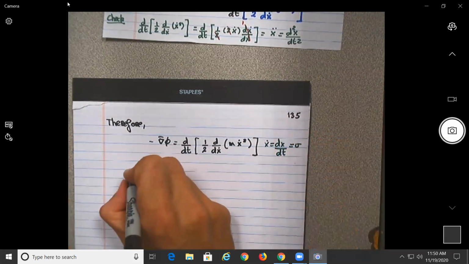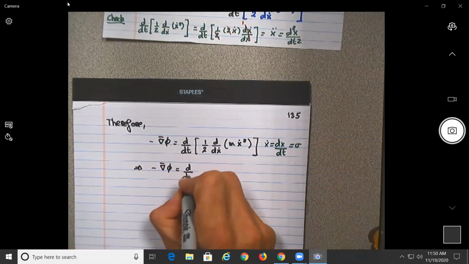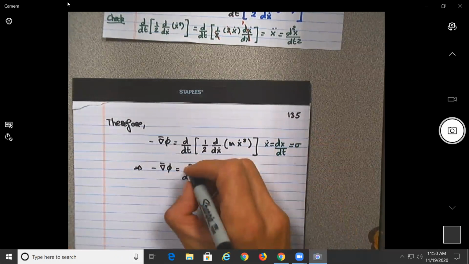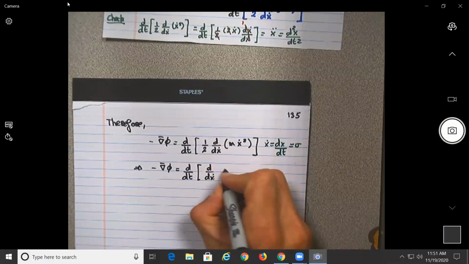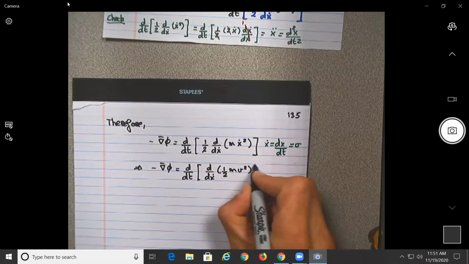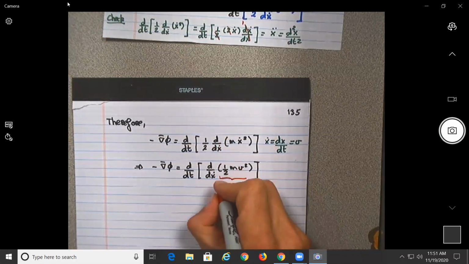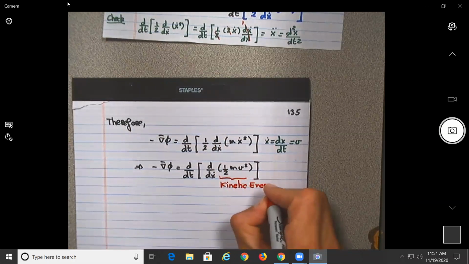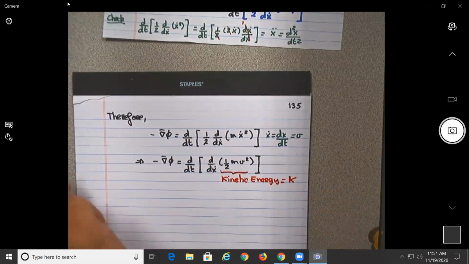So this will give us that the negative of the gradient equal d/dt of, let's not forget this term, d/dx dot of 1/2 m v squared, where this term over here is the kinetic energy. And we're going to use the letter K, capital K.